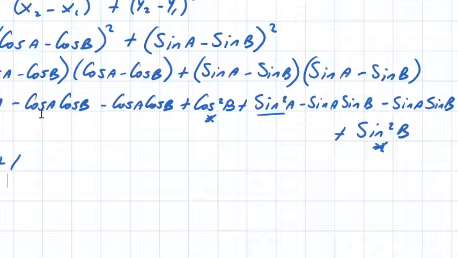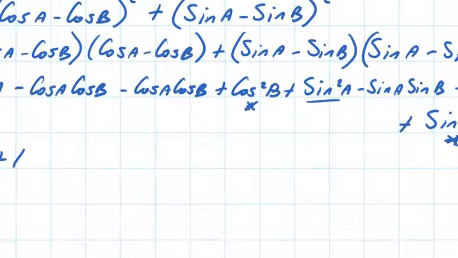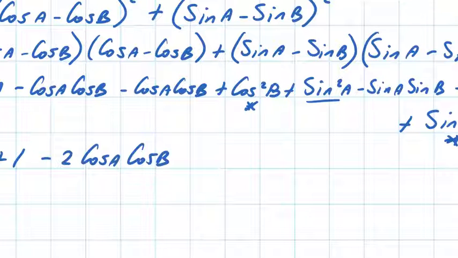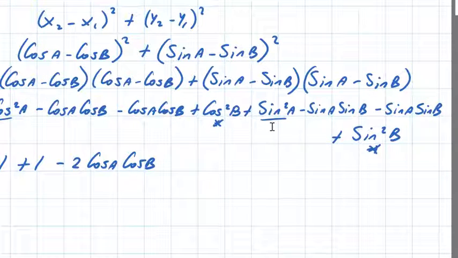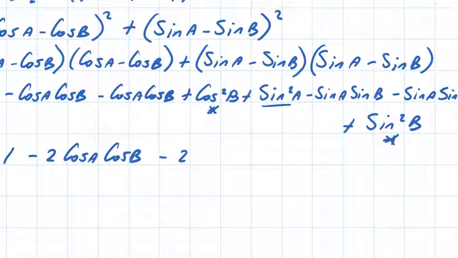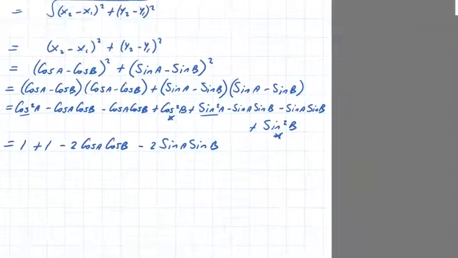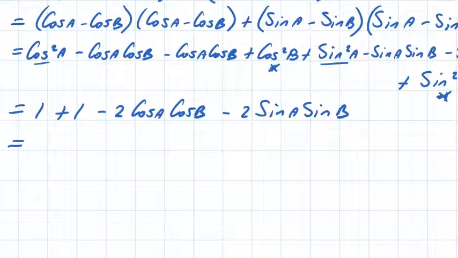And we also have minus cos A cos B here. Minus cos A cos B is minus 2 times cos A cos B. And we have minus sine A sine B. Minus sine A sine B is minus 2 sine A sine B. So tidying up further, you get 1 and 1 is 2 minus, take out the 2, there's a 2 common to both terms.